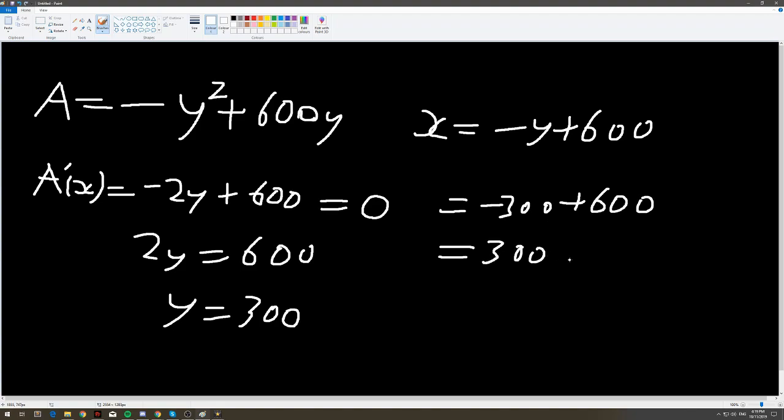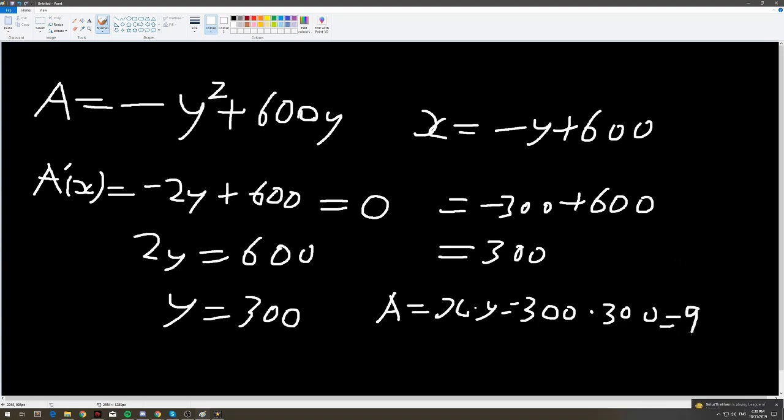Okay, so now we know both of our variables and their values. We can just sub it back into the area equation, which is A equals x times y. So A equals x multiplied by y, and we know that it's 300 multiplied by 300, we will get 90,000.